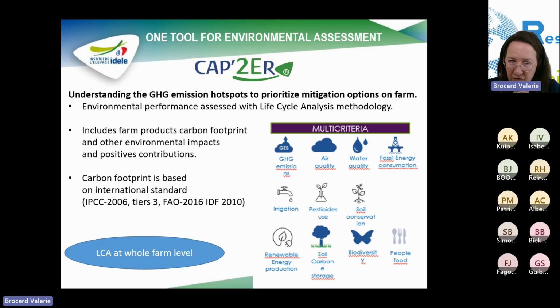So it's calculating the GHG emissions, but not only, it's also assessing all the criteria related to impact on air quality, water quality, the use of energy and fossil energy, the use of water, the use of pesticides, the impacts of your management on the soil and organic matter preservation. If the farm is producing some renewable energy, it's also included.